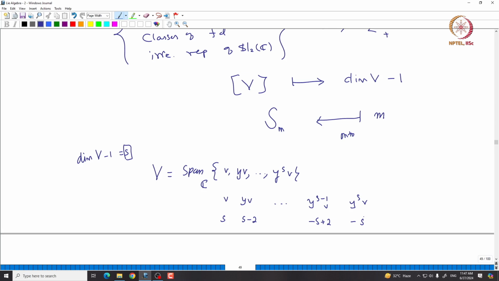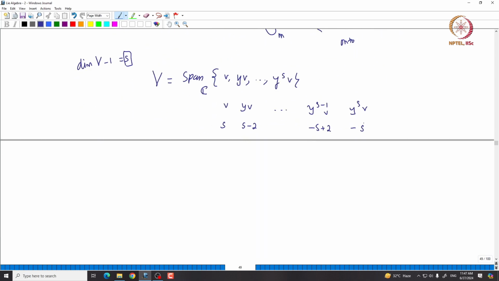Once the highest weight matches, you can have a natural isomorphism from v to w by sending y power i v to y power i w. One can extend this linearly and easily prove that this is a natural sl2 isomorphism between the two given irreducible representations v and w, which have the same dimension.